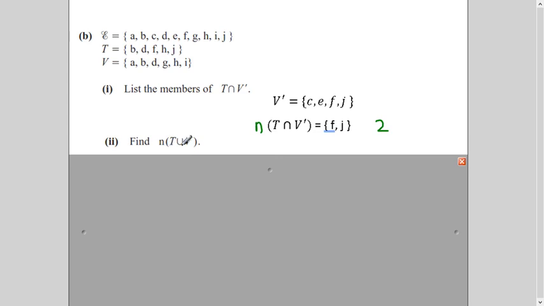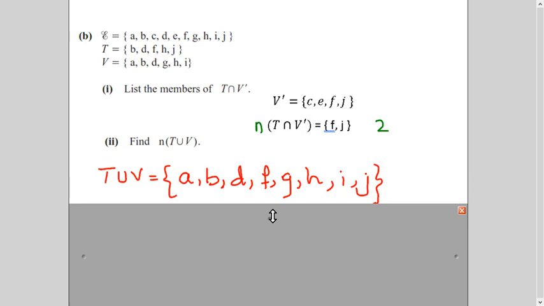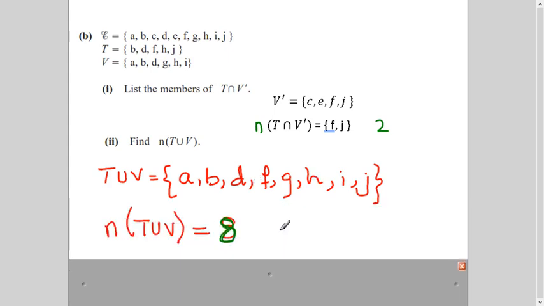So first of all, I will find out what is T union V. So I will take all the elements of T and V. But you know, the common elements like B is common, H is common, I will write only one time. I will not write twice. So this is how you will list down T union V. And now after that, it is very easy to count how many they are. So there are 8 in number, 1, 2, 3, 4, 5, 6, 7, 8. So the number of T union V is 8.